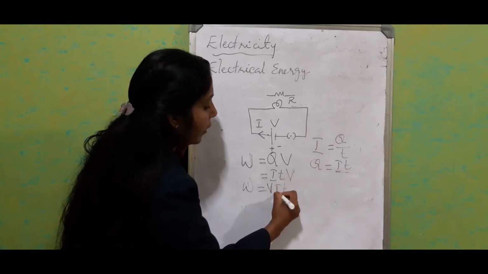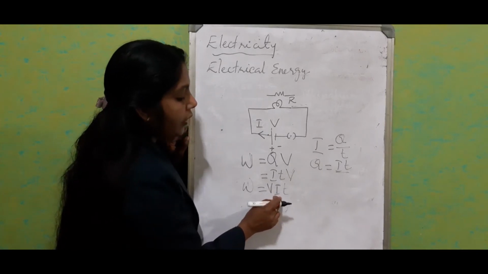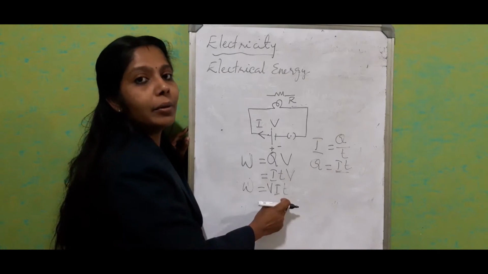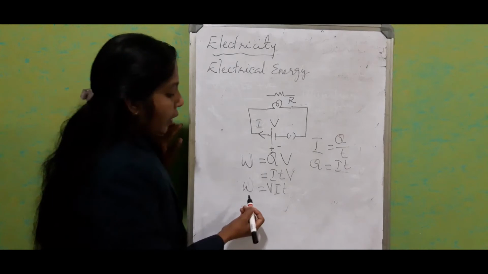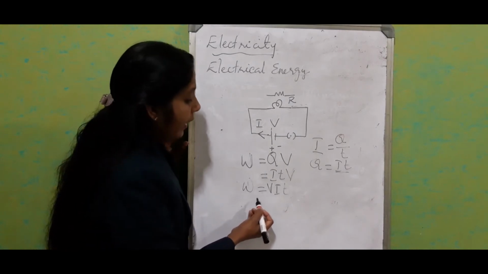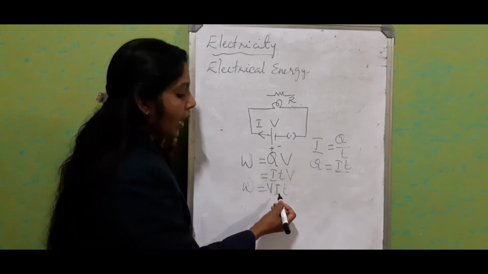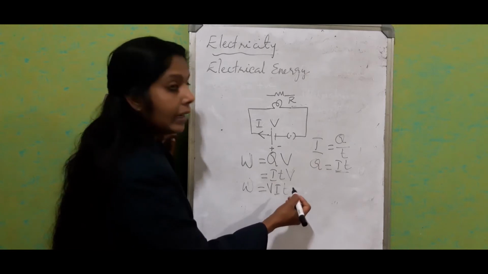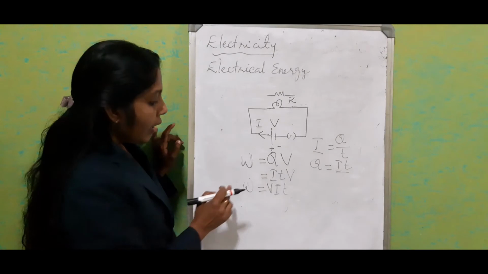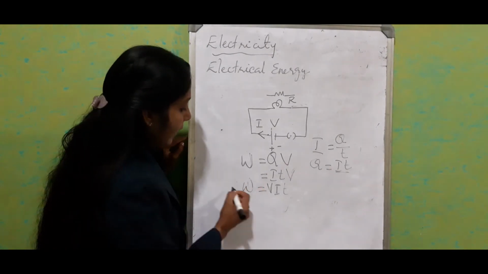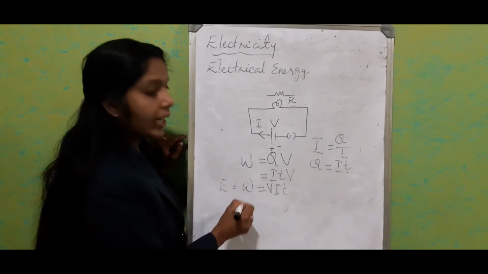Work done is equal to voltage into current into time taken. This is our electrical energy, the energy of providing a current for time T when it is under potential difference of V. We can write it as E, electrical energy.